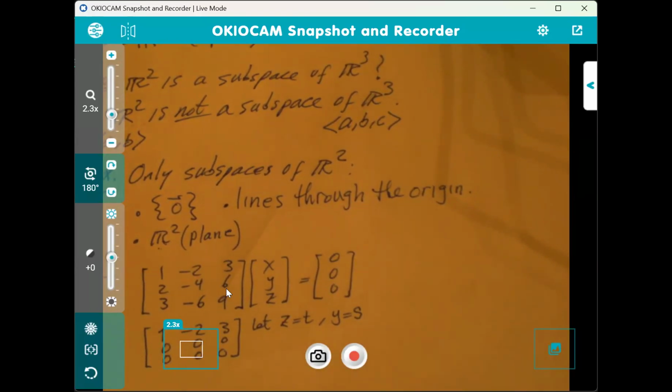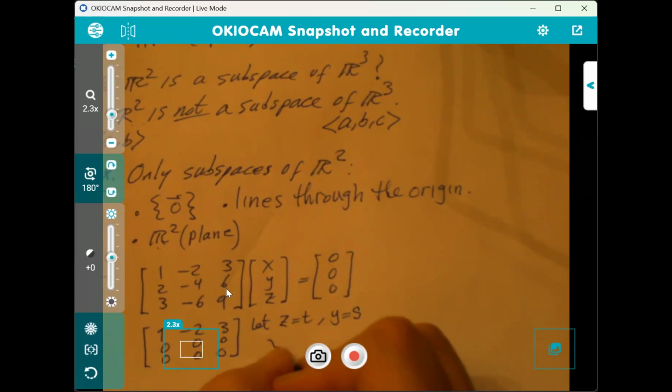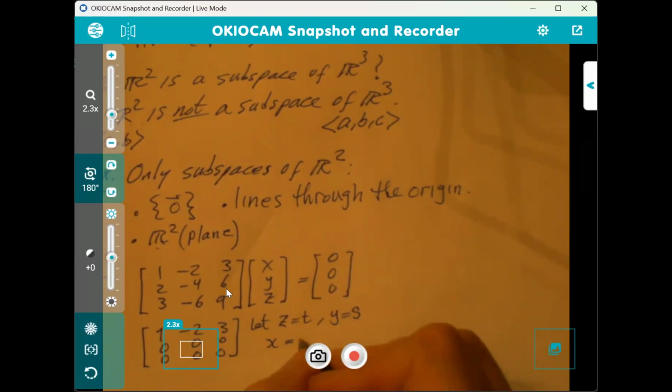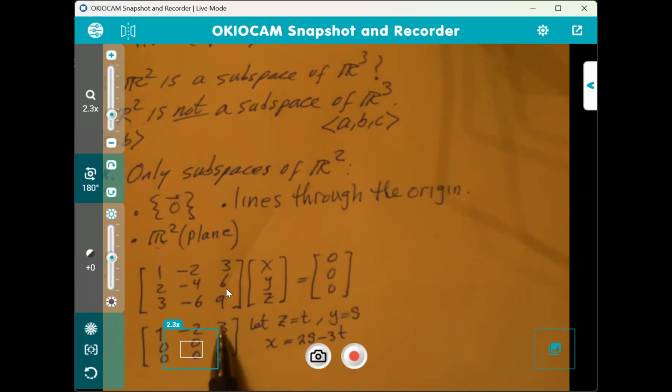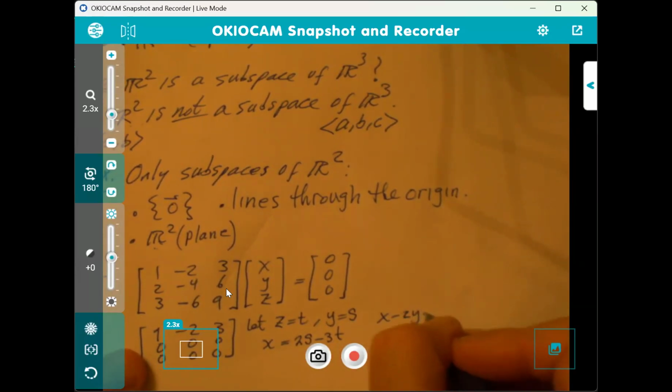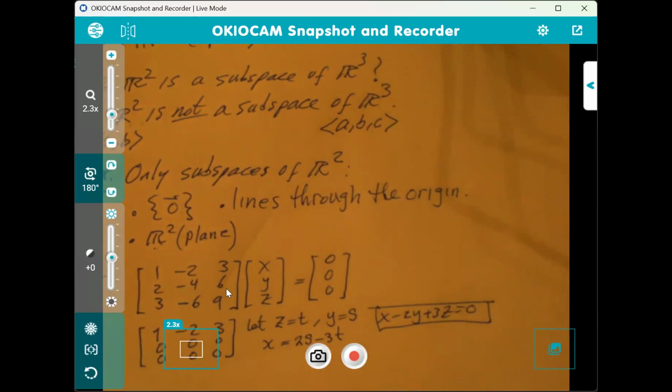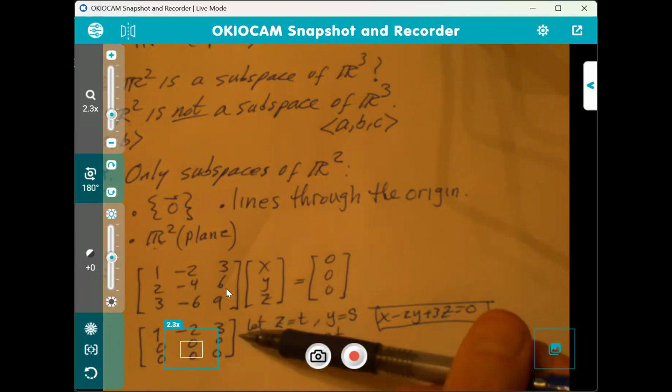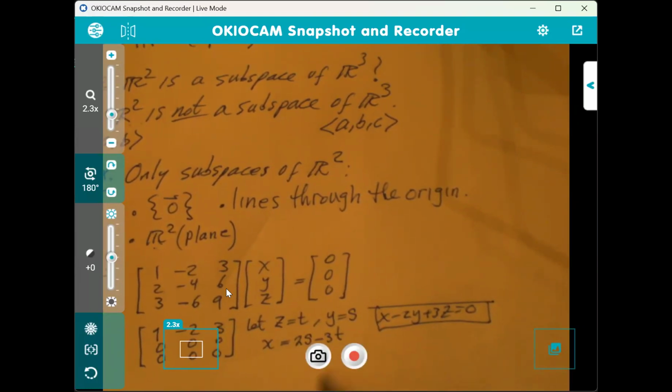Those are my free variables. And with that choice, isn't x 2s minus 3t? Move the 3 to the other side, it becomes -3, and the -2 to the other side. Because remember, doesn't this first equation read x minus 2y plus 3z equals 0? That's what the first row reads, right? Because it's a homogeneous system, we didn't write 0, 0, 0 here. So here is what I have.